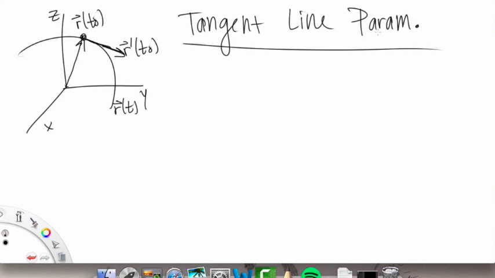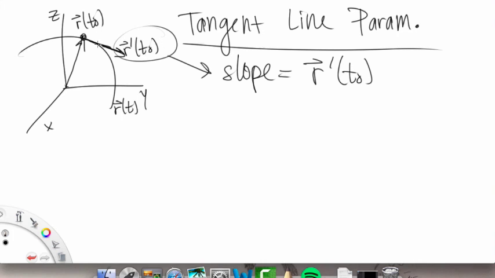The way we're going to parameterize this is, first of all, this tells us our slope. The r prime of t naught is our slope. Remember when we were learning before, this is like our v, our direction vector for our line, when we're parameterizing lines. Here's our line, and r prime of t naught tells us the direction in which we go.